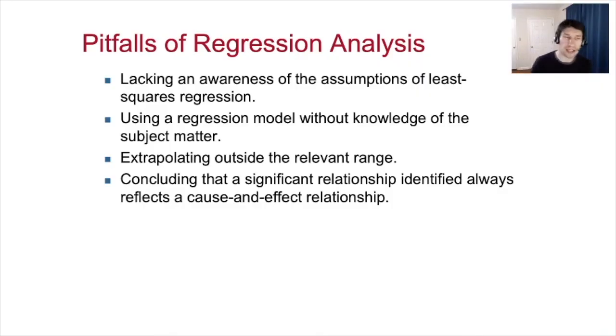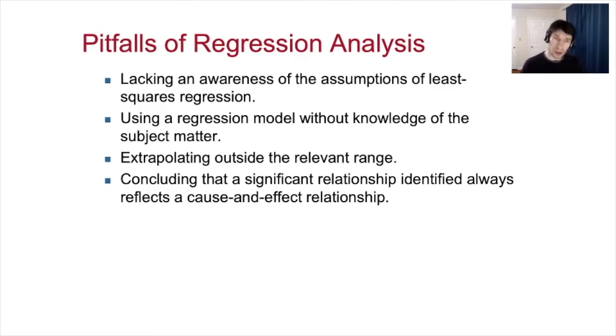So before we end, let me say a few words on the pitfalls of regression analysis. The biggest pitfall is not realizing that there are assumptions in a least squares regression and trusting the least squares regression without thinking about the assumptions that underpin it. Now, of course, I did not tell you much about those assumptions, and you haven't yet learned how to test them, but you should already have the reflex of thinking that the regression is not necessarily something you should blindly trust.